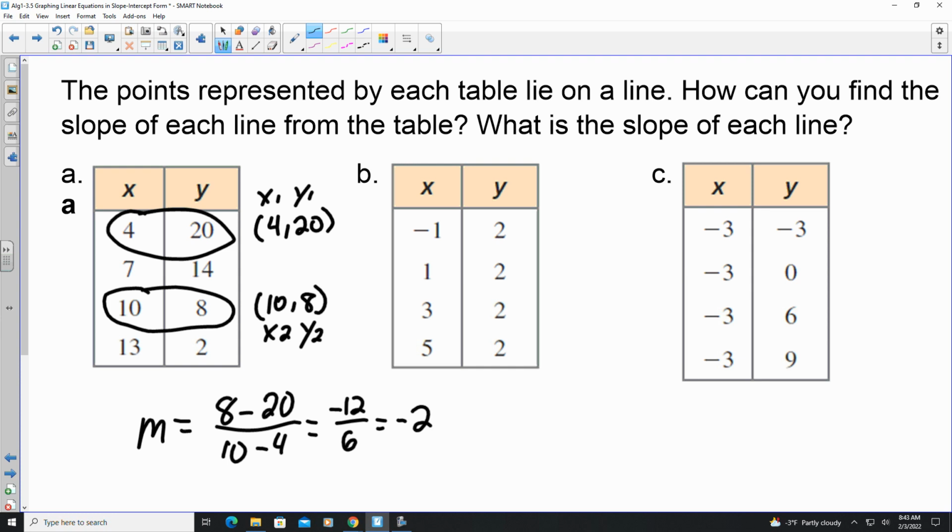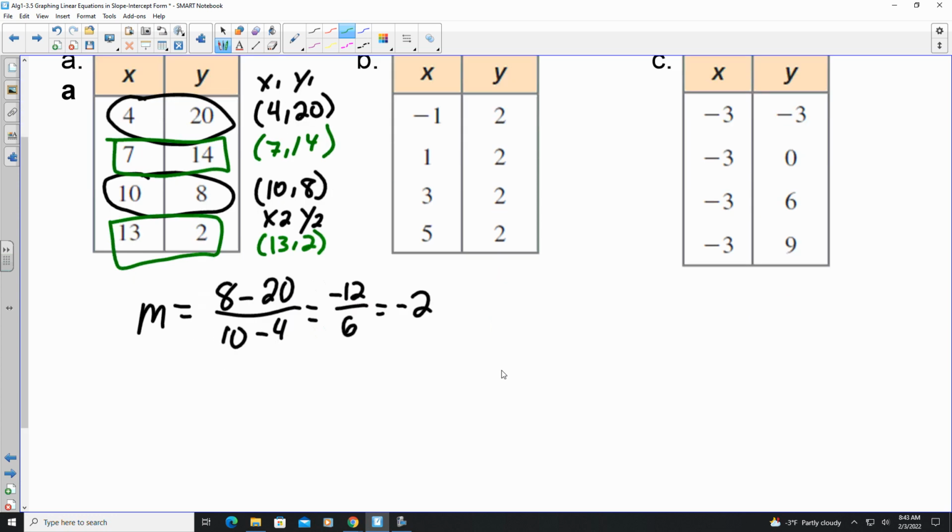In theory, this should work for every single one. So let's just say I used the other two points, that's 7, 14, and this is 13, 2. It should come out to be the same result. So in that one, it is 2 minus 14, all divided by 13 minus 7.